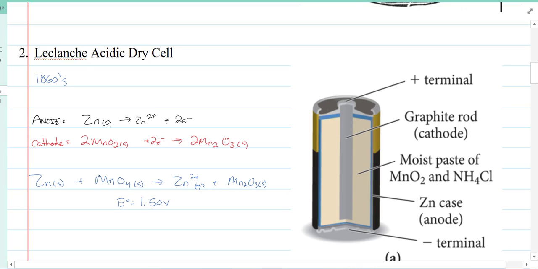One of the problems that we have is this right here. And as we know, NH4 plus, ammonium, is an acid. And zinc reacts with acids. So this is not the best situation for long-term stability.